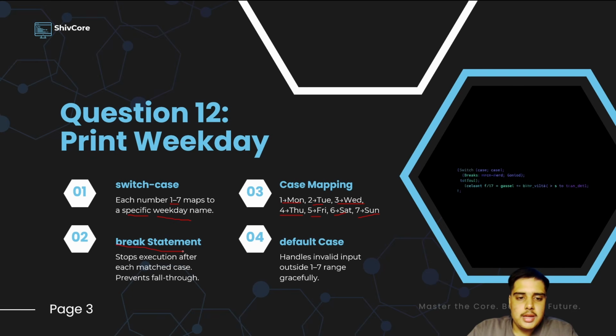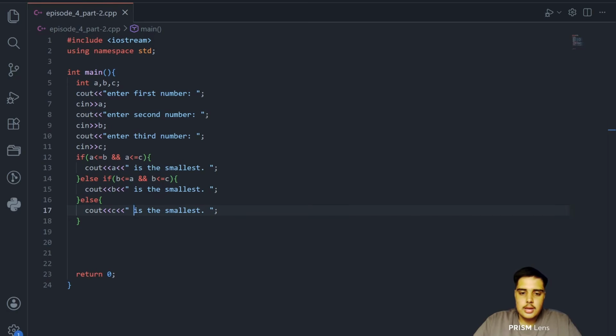We have to use the break statement also to stop execution after each matched case. That prevents fall-through, and the default case handles invalid output if the input is outside the 1 to 7 range. So as we have understood the question, let's come to our VS Code screen.